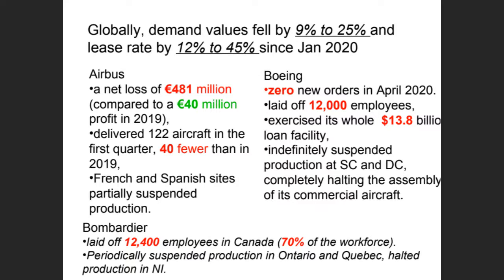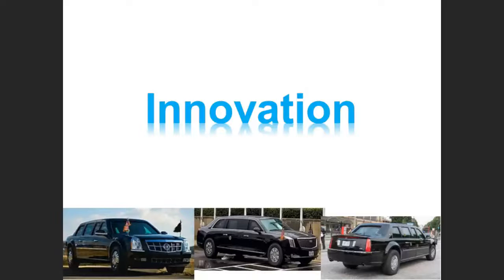Do we have a so-called entrepreneurship and innovation program? No? Do you know this car? The Beast. Yes, this is the US presidential state car, the Beast. Remember 2 years ago, Trump sat inside the Beast to greet his supporters while he was still being treated for COVID-19 at the time.